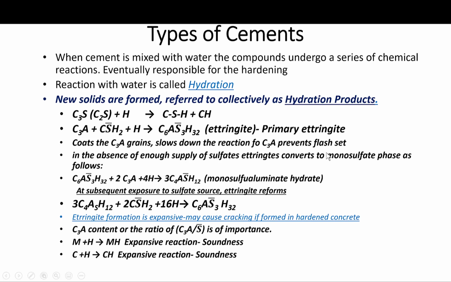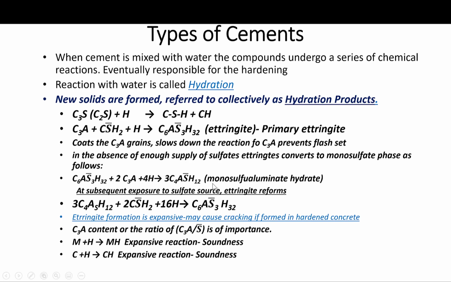After this first reaction, in the absence of enough supply of sulfate, ettringite converts to the monosulfate phase as follows in this reaction. Ettringite will react with the remaining C3A plus water and will give us the monosulfoaluminate hydrate.